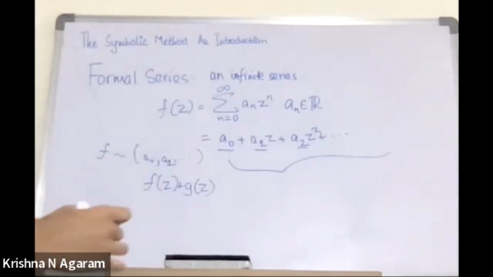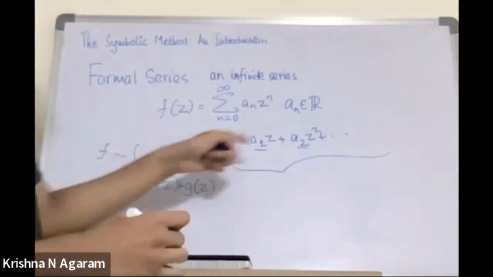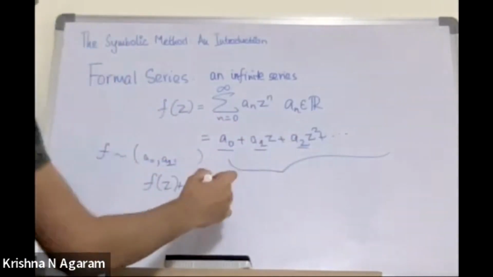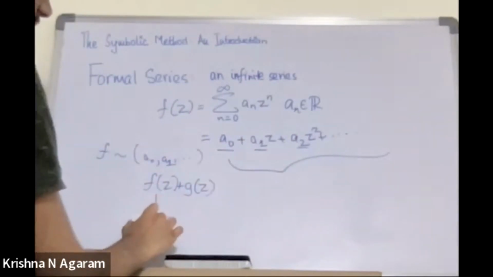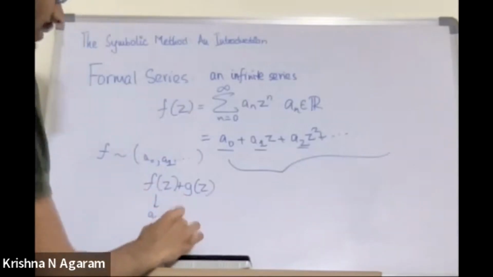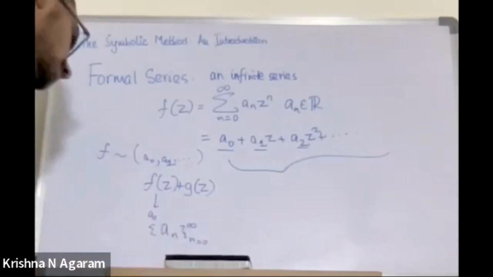They're one and the same: from f you can get the sequence, and from the sequence you can construct f. So f(z) plus g(z), let's say f is a0 and so on. Usually I'll just call this an, where it is understood that n equals 0 to infinity.